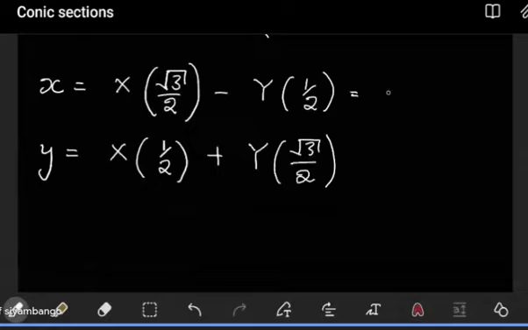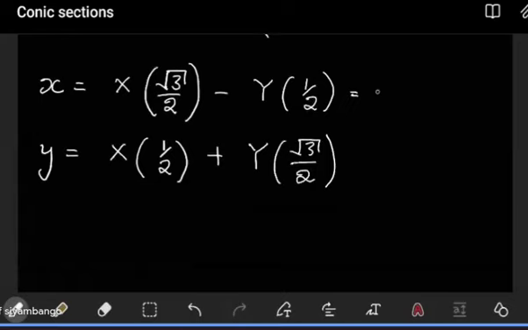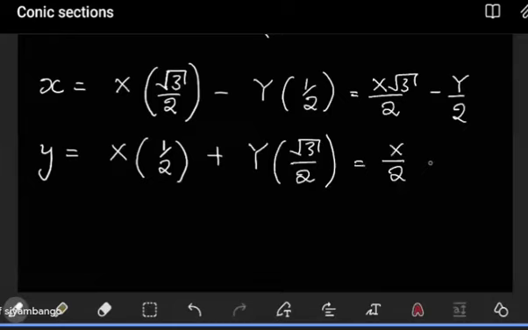This can be written as x root 3 over 2 minus y over 2. And this can be written as x over 2 plus y root 3 over 2.